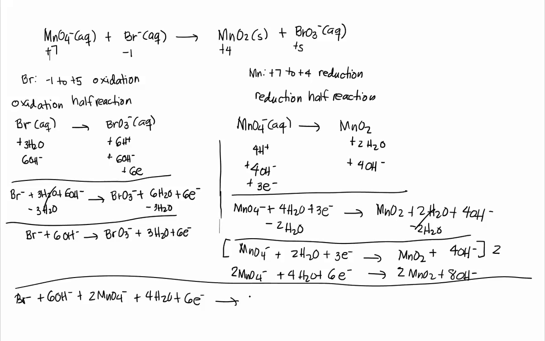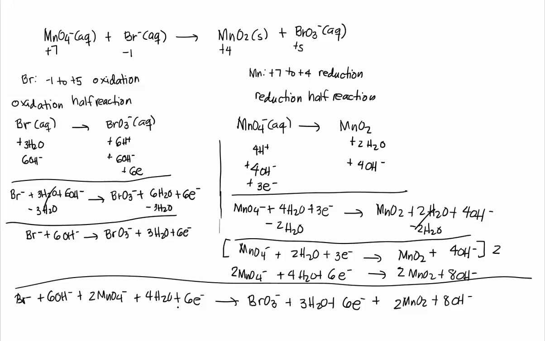On the right side we have BrO3 minus plus 3H2O plus 6 electrons plus 2MnO2 plus 8 OH minuses.